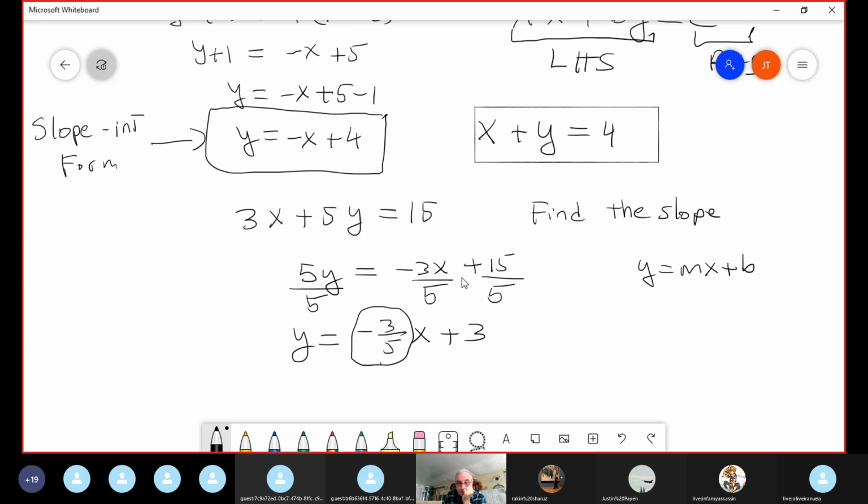And this is m. This is the slope. The slope is negative 3 over 5. And this is big. So slope-intercept form is, in my opinion, the fantastic way to see clearly the slope and the y-intercept. Standard is formal, not clear, confusing. And point-slope is super useful.